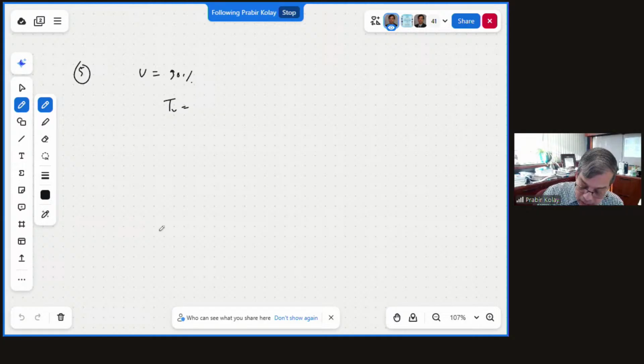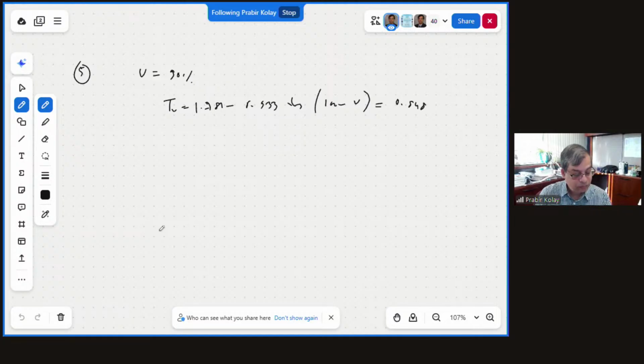If it is more than 60%, and here it is 90%, the equation is 1.781 minus 0.933 log of (100 minus U). So easily you can calculate for 90% that it will be 0.848. That is the time factor.